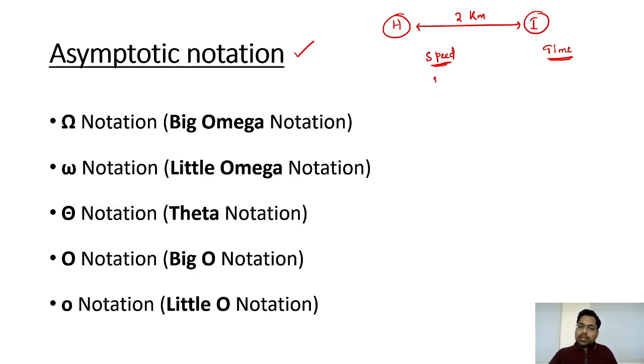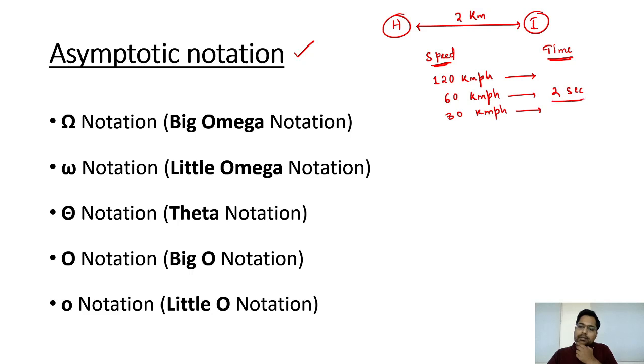So suppose the speed is 120 kilometers per hour, the second speed is 60 kilometers per hour, and the third is 30 kilometers per hour. The time it takes at 60 kilometers per hour, we know, is 2 minutes. You have to go 2 kilometers at 60 kilometers per hour.